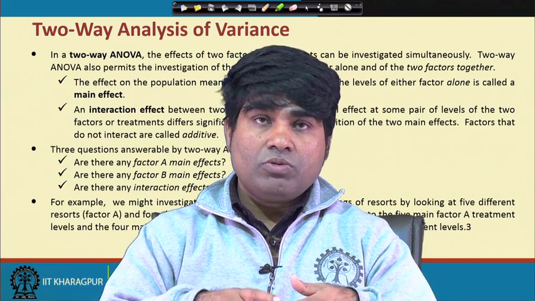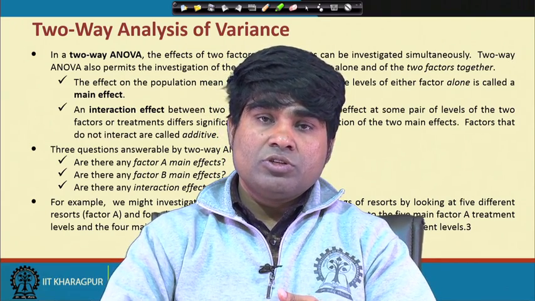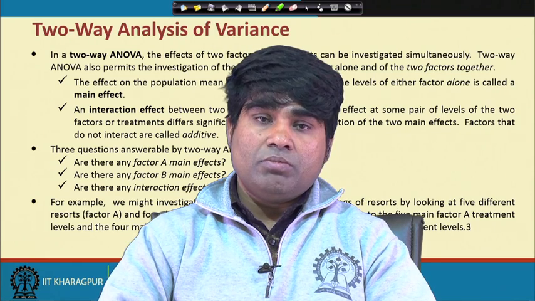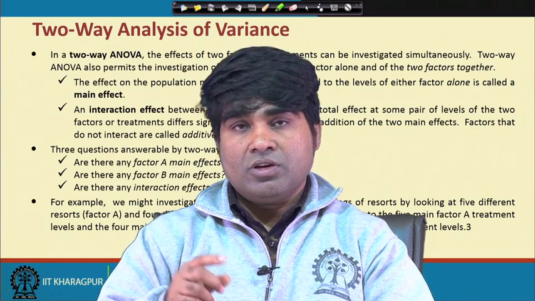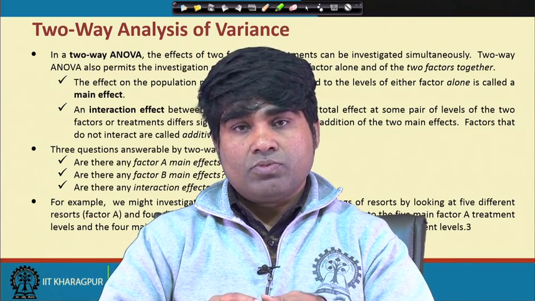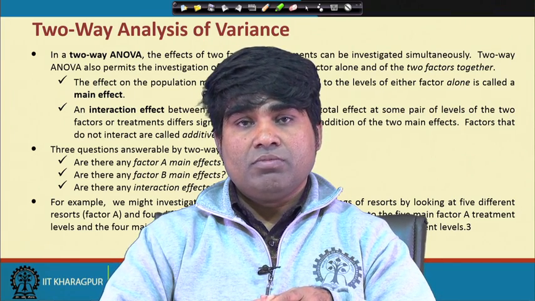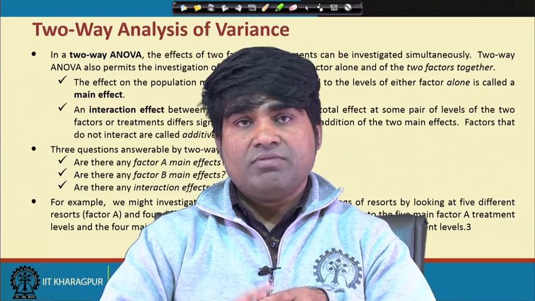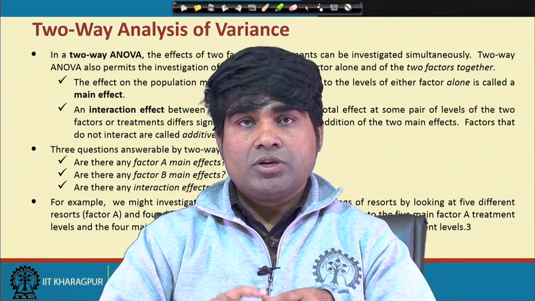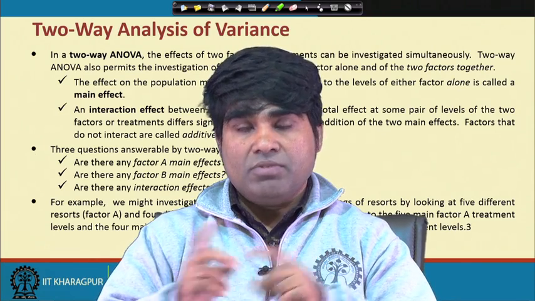Then in the case of three factor models, we have three factors through which simultaneous interaction can be investigated. Now in the case of two factor models, we have main effects and then the interactive effect. For instance, if there are two factors A and B, then the main effects will be effect A and effect B, and the interactive effect will be AB together.